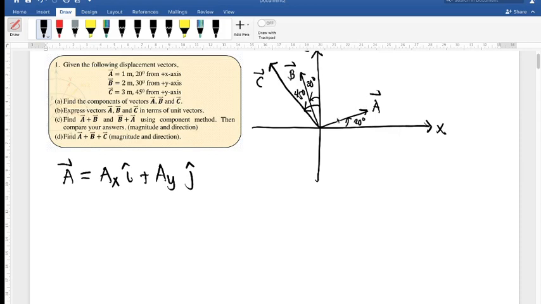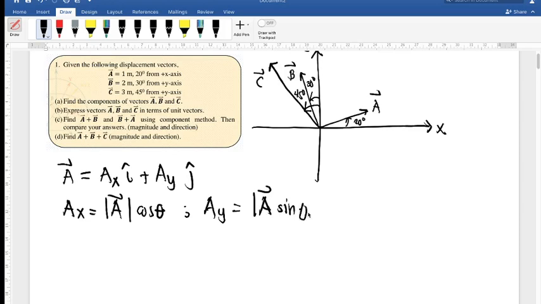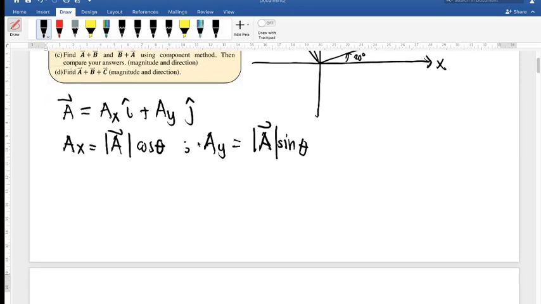So therefore, we can use directly our formula. Your formula is A_x equals the magnitude of A times cosine theta, and your A_y equals A sine theta. So this is our formula.